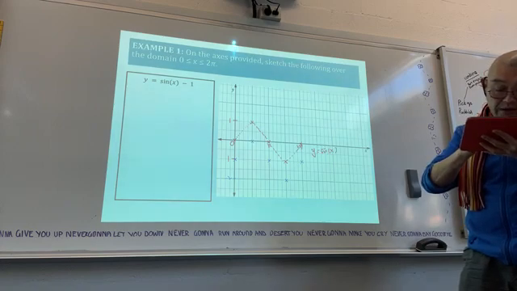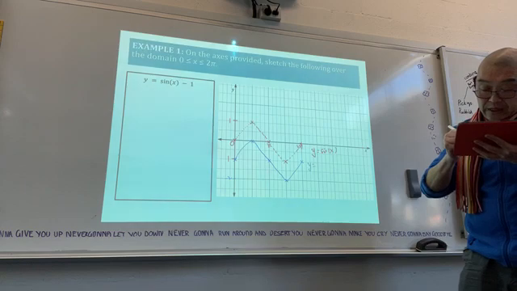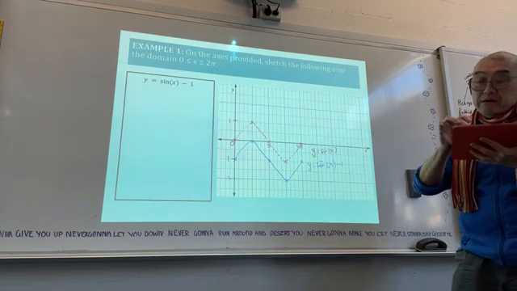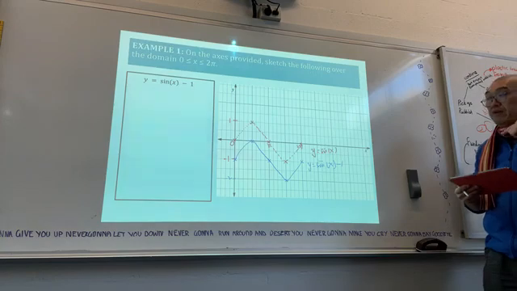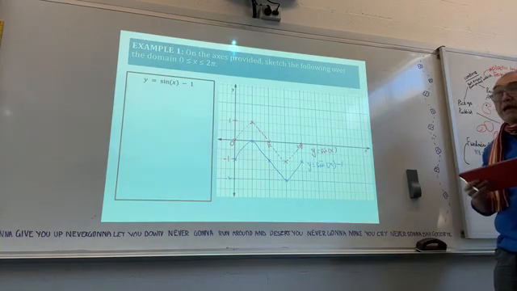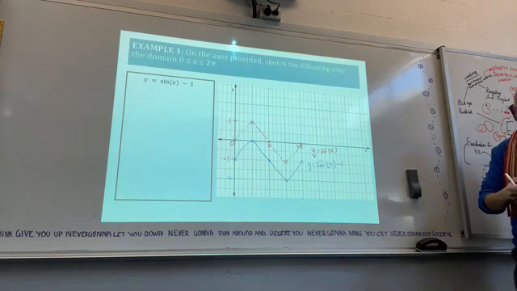And your curve should look something like this: y equals sine x minus 1. This is probably the most straightforward one. As soon as you look at sine x minus 1, you know that you're translating it down. Let's go to the next one.